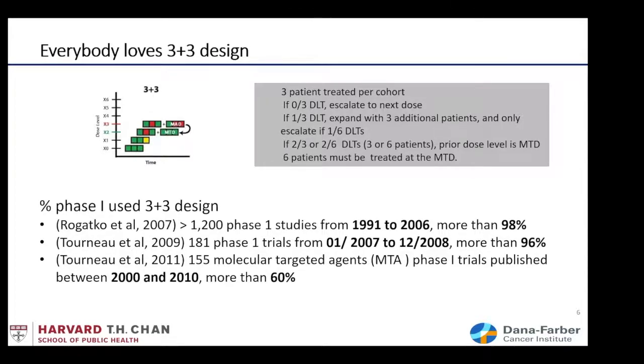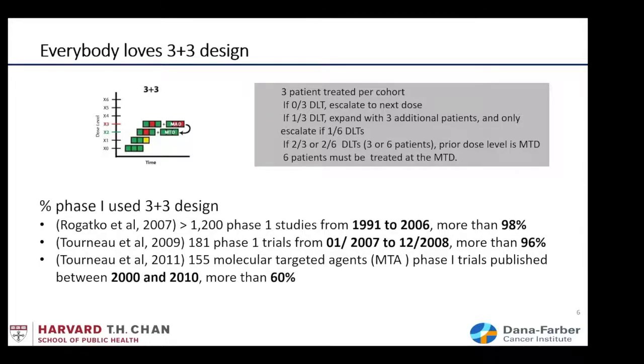My data is a little old because the review article only goes up to 2010. I'm sure for the last 10 years the percentage should be higher. Here I put the 3+3 design scheme, the algorithm, with the escalation and de-escalation rules.